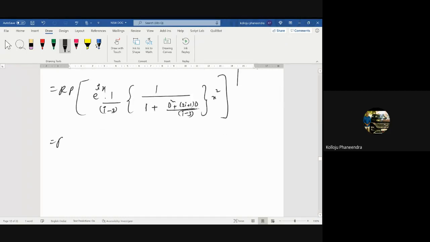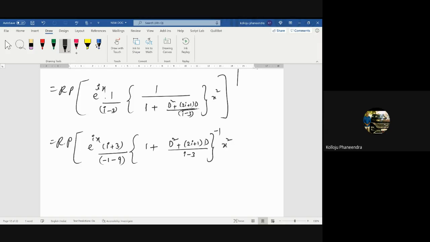So this is equal to real part of e to the power of ix. Let us rationalize this. i plus 3 by, what is this? Negative 1, negative 9. And take this one to numerator: 1 plus D square plus 2i plus 1 into D whole by i minus 3, this whole power minus 1, x square.